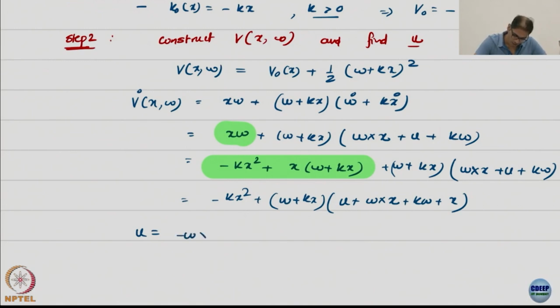Minus omega cross x minus k omega minus x, cancelled everything, and then minus omega plus kx, right, simple. Yeah, and you can run as many simulations as you like, this will always work. This is a very good controller, it will work beautifully, okay, even if you add disturbance.